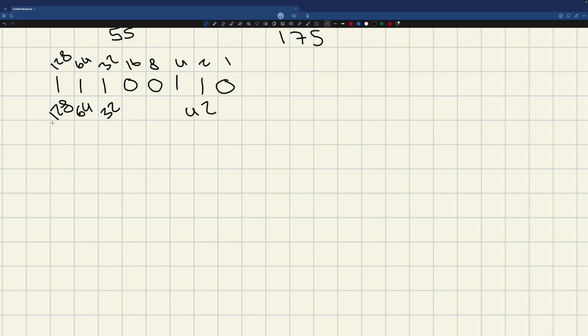The table will help. Okay, so 64 plus 32 is 96. 128 plus 96 plus 4 plus 2 is 6, and 6 plus 96 is 102. 128 plus 102, therefore, is 230.